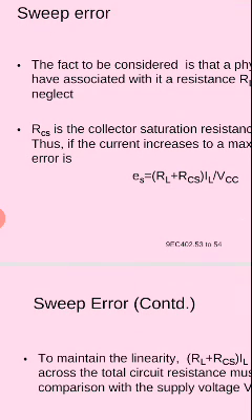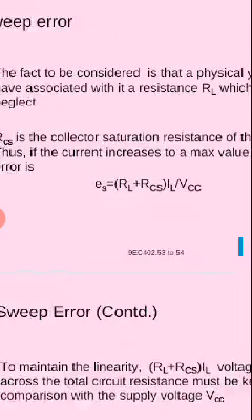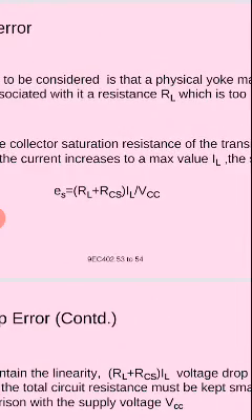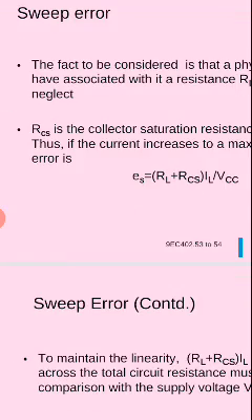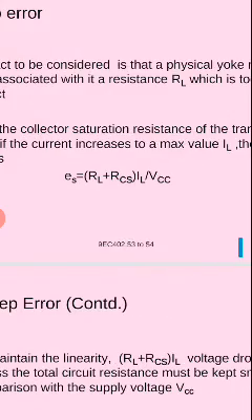Thus, if the current increases to maximum value IL, the slope error is ES equal to RL plus RCS into IL by VCC.